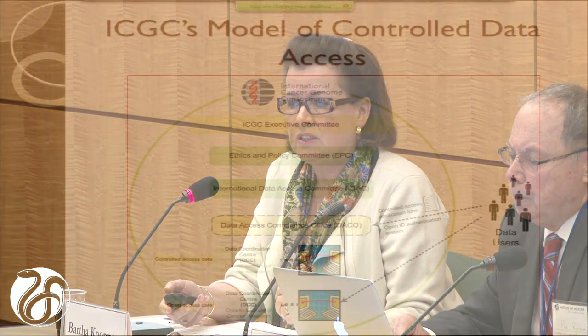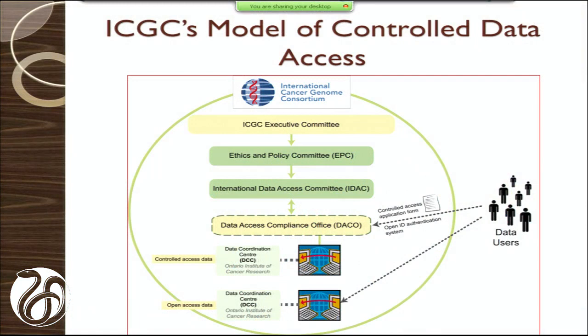So you can have a better idea here that the policy making committee is the Ethics and Policy Committee. It's joined together with the International Data Access Committee that handles data access policy issues. And then the DACO, the Data Access Compliance Office, works with both of them to have continuing revisiting of the policies and procedures in case issues come up as the ICGC moves forward.